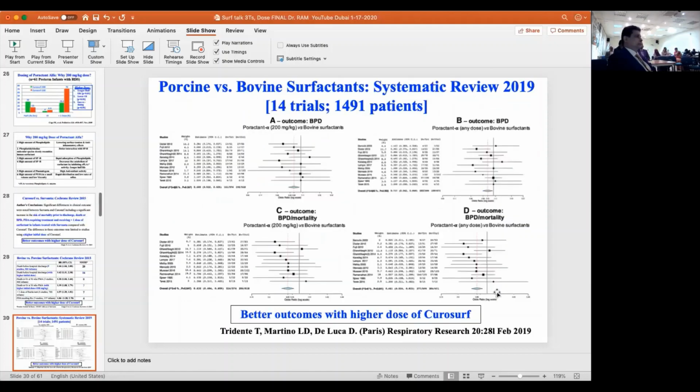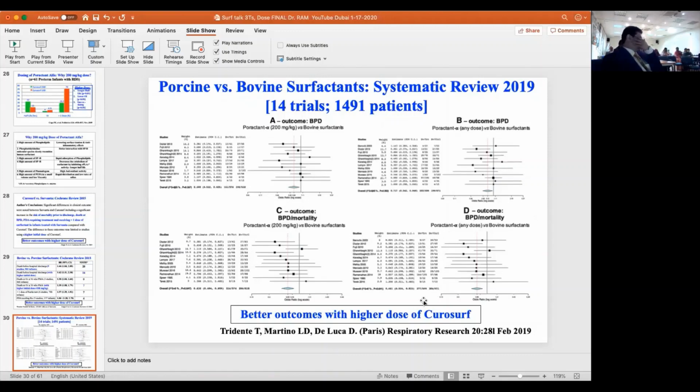There's a more recent paper last year from research. They looked at 14 trials, nearly 1,500 patients. Looking at 200 milligram per kilo Curosurf, all bovine surfactants. Similarly, here, outcome is BPD. Here, BPD or mortality, and here, BPD or mortality.